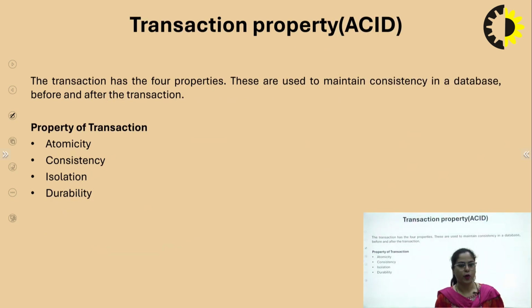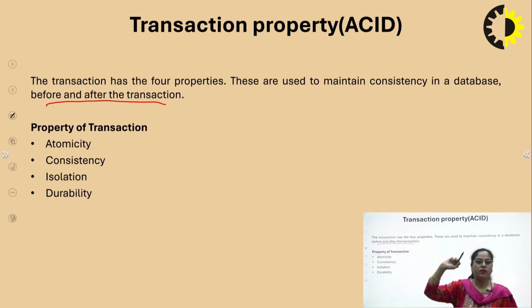Transactions have some properties. Every transaction needs some properties to perform its actions. The transaction has four properties. These are used to maintain consistency in the database before and after the transaction.